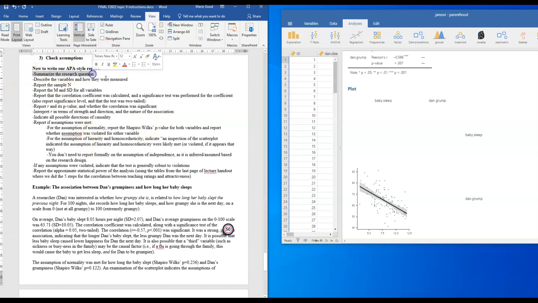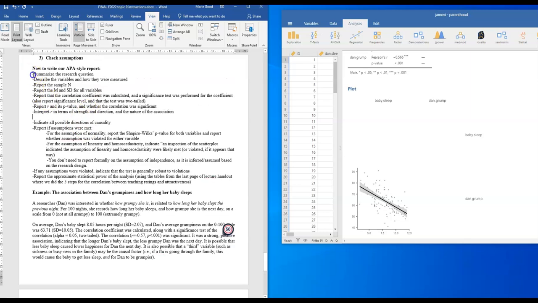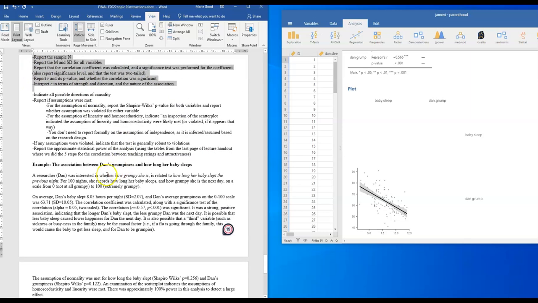We are starting by summarizing our research question as we're used to, describing the variables and how they were measured, reporting the sample n, the mean and standard deviation for all variables, reporting that the correlation coefficient was calculated and a significance test performed, reporting r and its p-value, whether that was significant, and then r in terms of strength and direction, and the nature of the association.